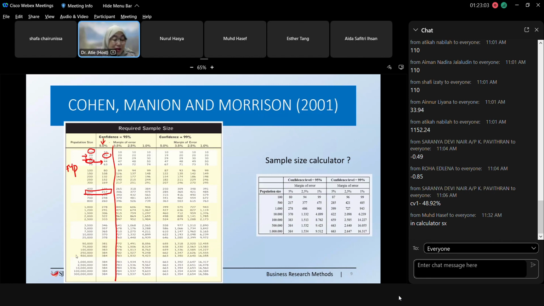If you look down here in the table, if you have 3 million, 1 million, or 500,000 people, the maximum you can take is 384 people. A sample of 384 is already enough to represent a very, very big population. So you don't have to worry much. It doesn't mean that for 1 million people you need to take 500,000 respondents. No, 384 is already enough. Okay, understand? Faham ke?